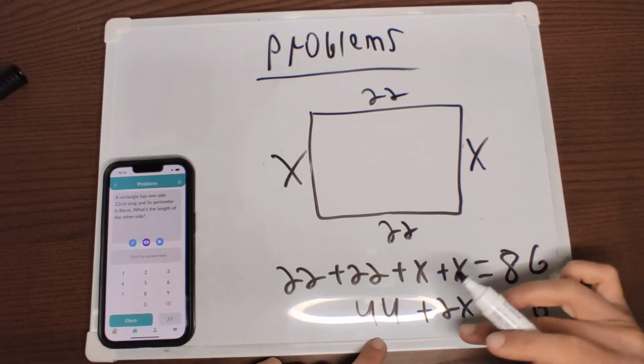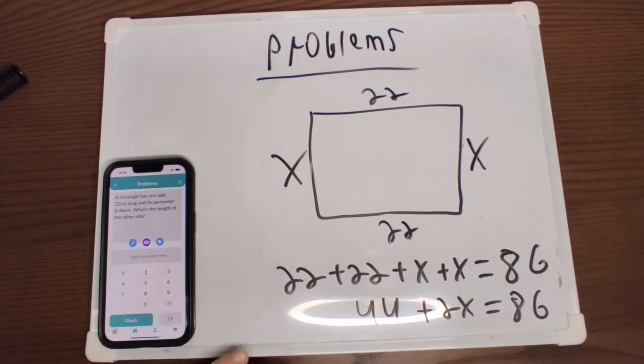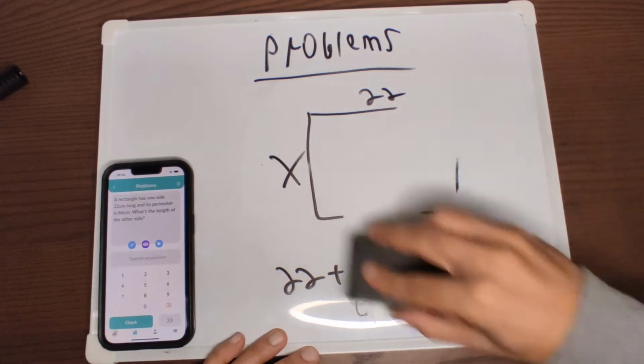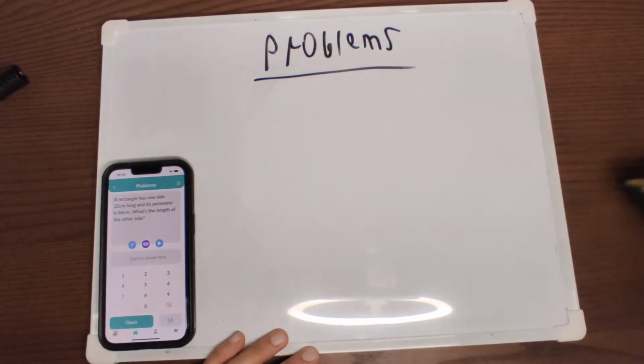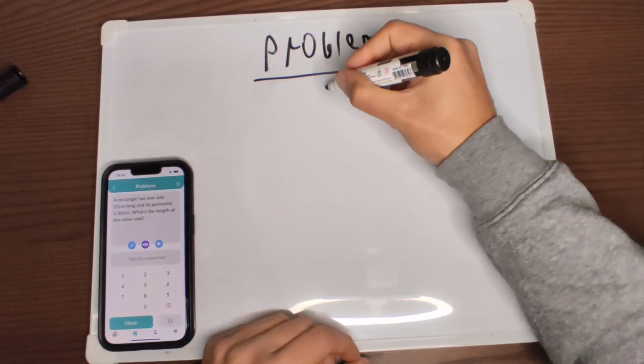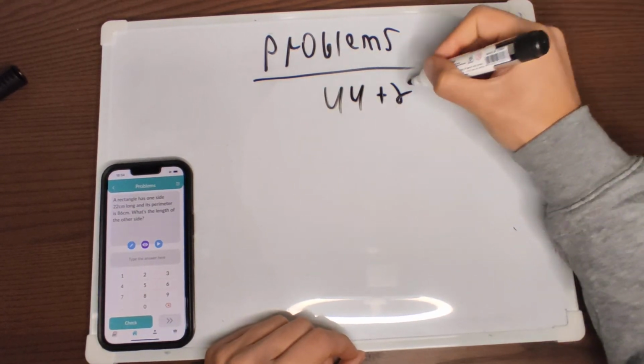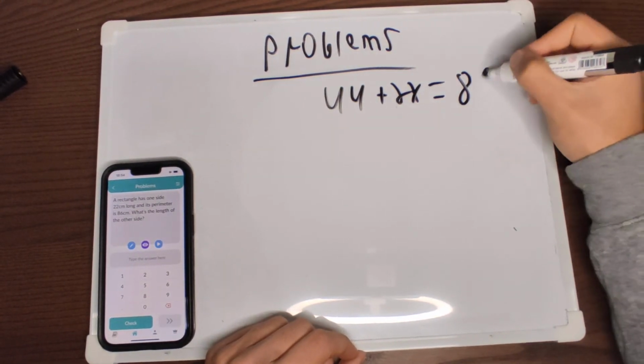And now we have a simple equation. Let's write it right here. It was 44 plus 2x equals 86.